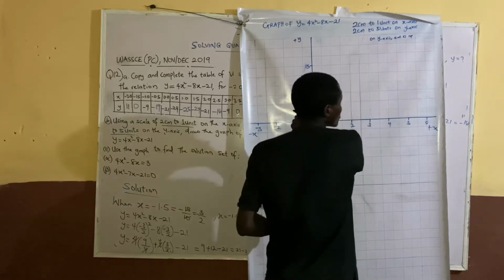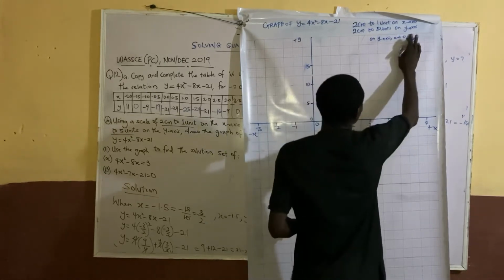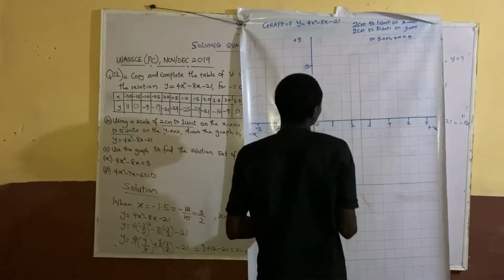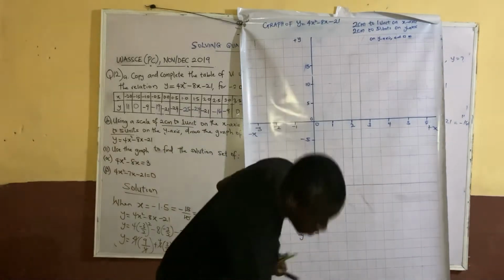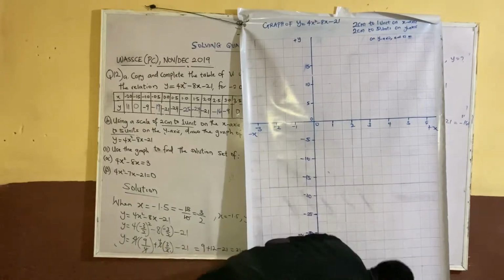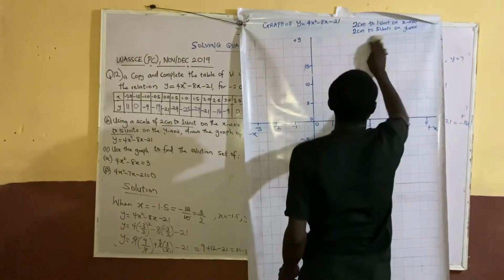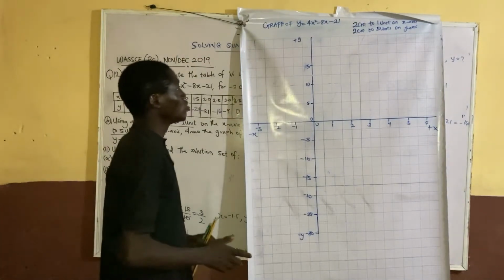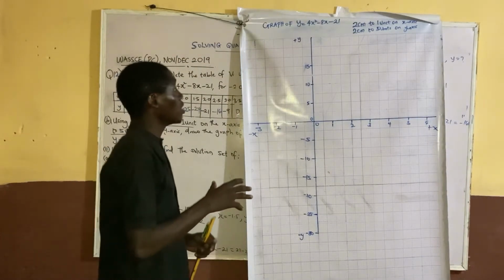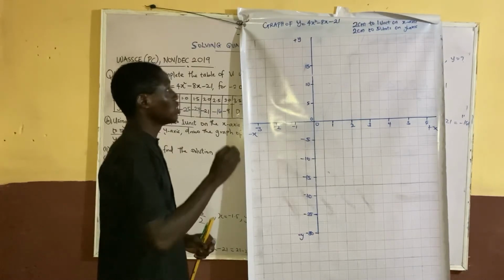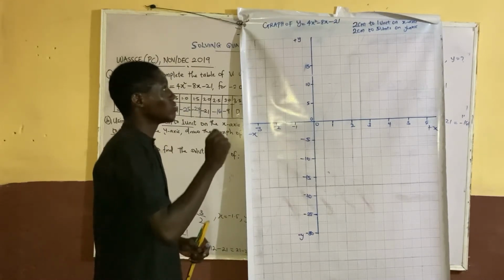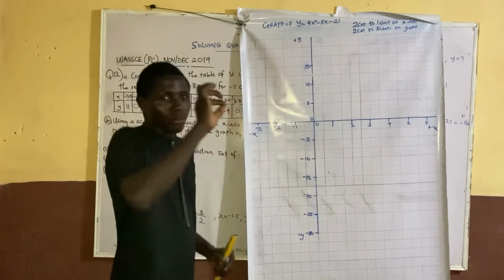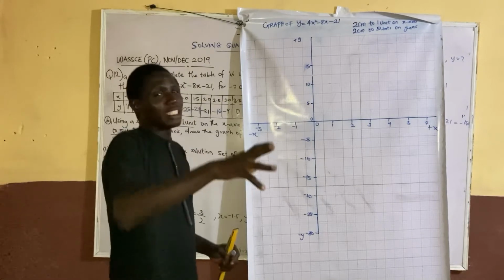Okay, let me come again so that we can get it. Having shown our scale, 2 centimeter represents 1 unit and 2 centimeter represents 5 units on the y-axis. What does each small box represent on the y-axis and x-axis?